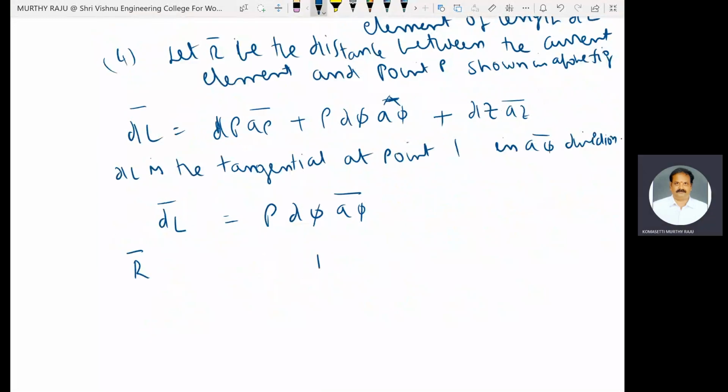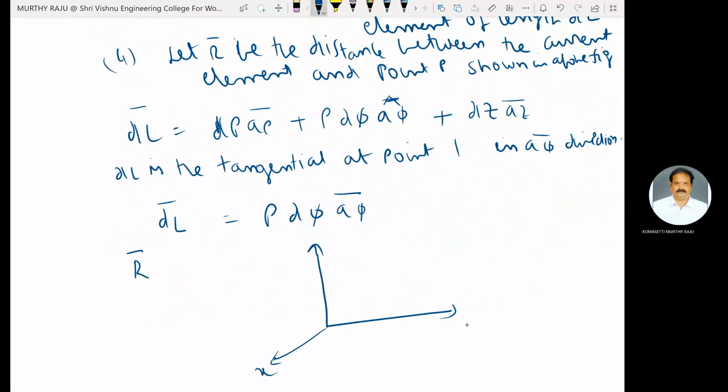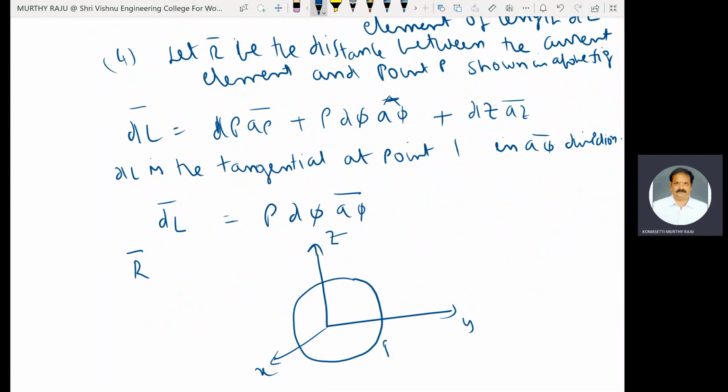Here consider the three coordinate system x, y, z. This is the circular loop, and point P here. This is rho, phi, and the small current element of length dl.